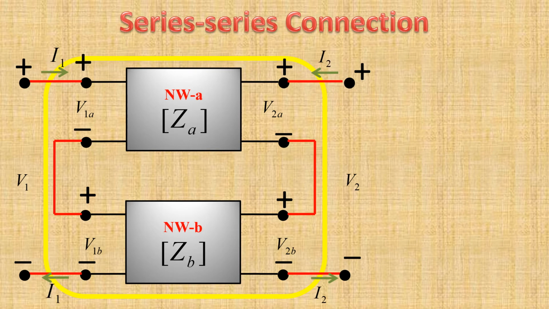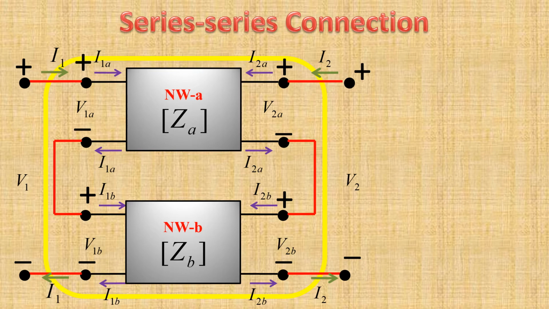Let us assign the input and output port currents for network A and network B. The input and output port currents of network A are I1A and I2A. The input and output port currents of network B are I1B and I2B.